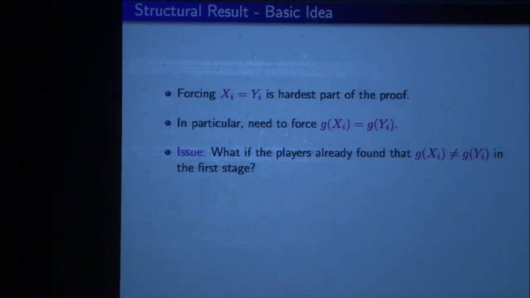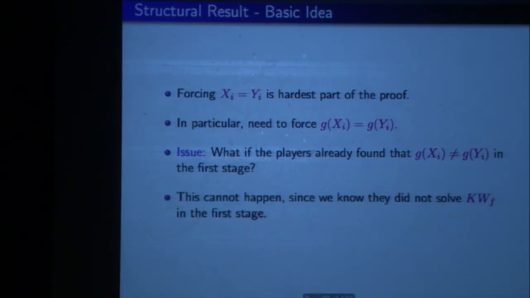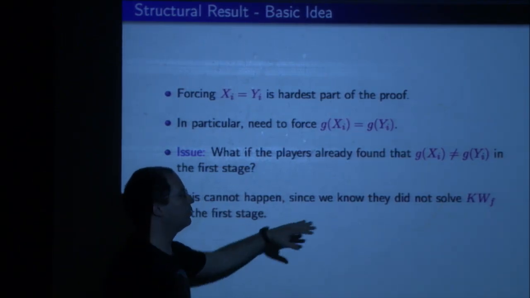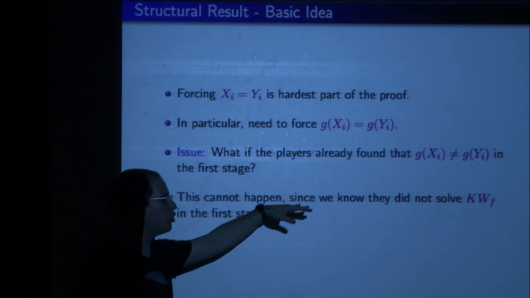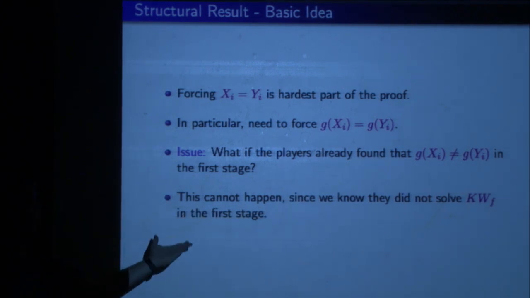What if they already found that g(xi) is not equal to g(yi) in the first stage? So the point is that this is impossible. They couldn't have found out that those values are different in the first stage, because otherwise they would have solved f on the first stage. This is just by definition of what it means to solve the Karchmer-Wigderson game of f.